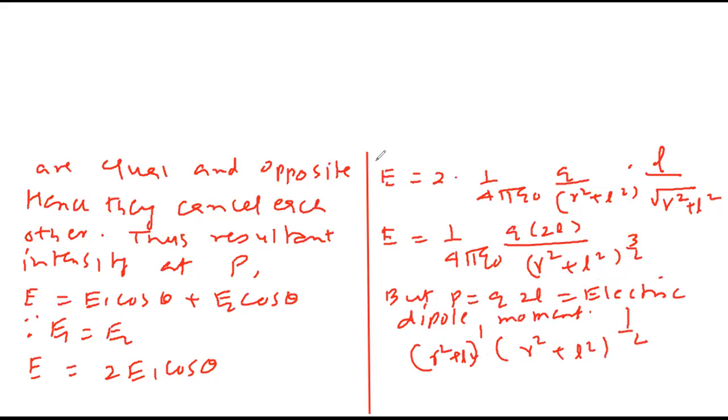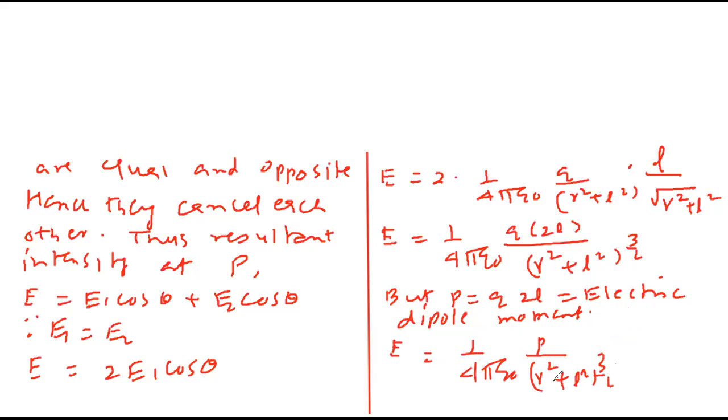So therefore E equals 1 upon 4 pi epsilon naught into P upon R square plus L square raised to 3 by 2. Since R is very large compared to L, therefore L square can be neglected.